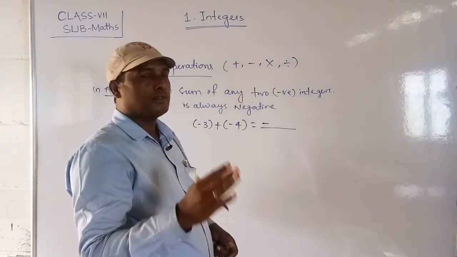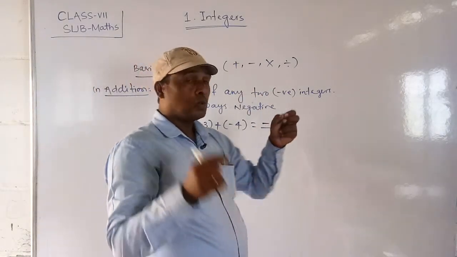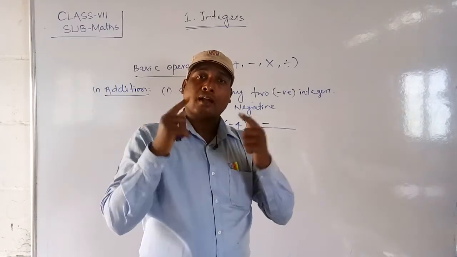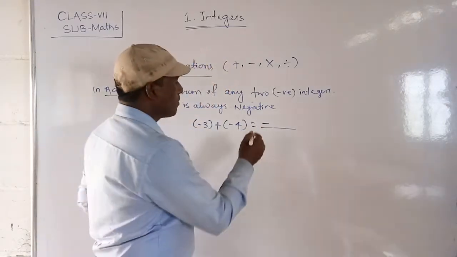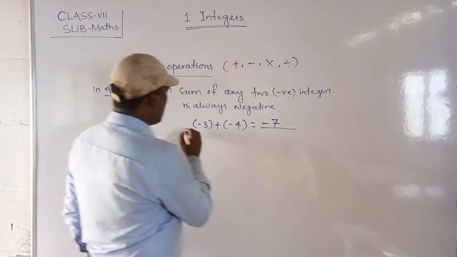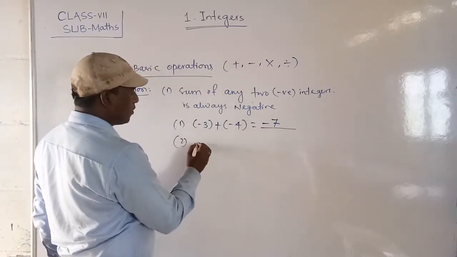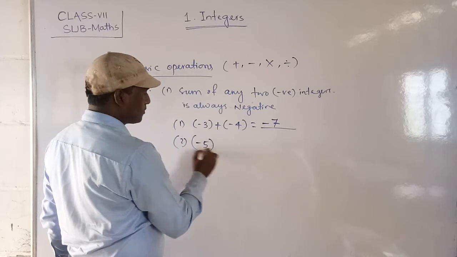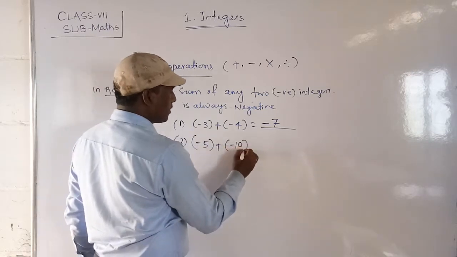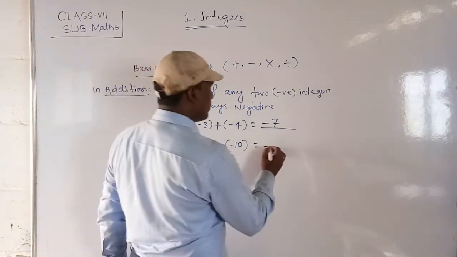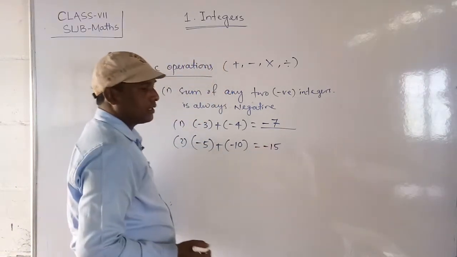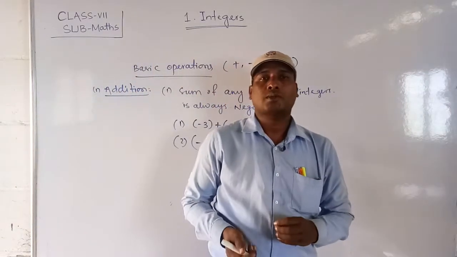Very carefully remember, when you add two negative numbers, the answer's sign will also be negative. So minus 7. One more example: minus 5 plus minus 10. Both have the negative sign, so the answer is also negative.